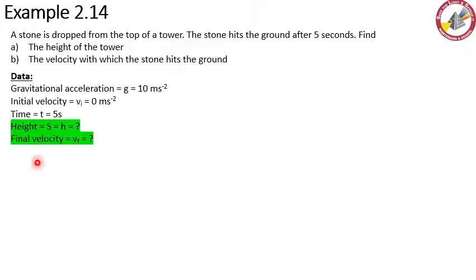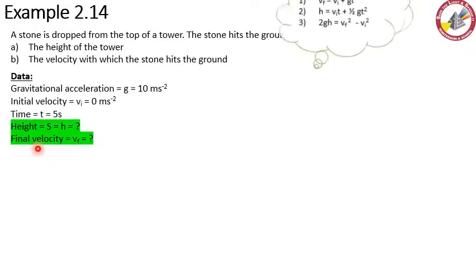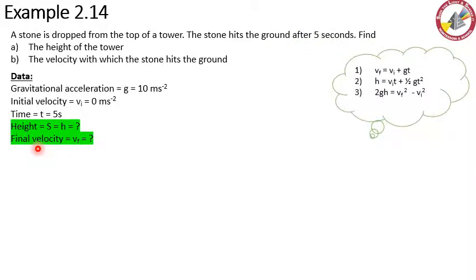The time taken by the ball is 5 seconds, and we have to find out the height it has covered and the final velocity. Here is the formula list. From the given data, we have to observe which formula is suitable for the things we have to find.